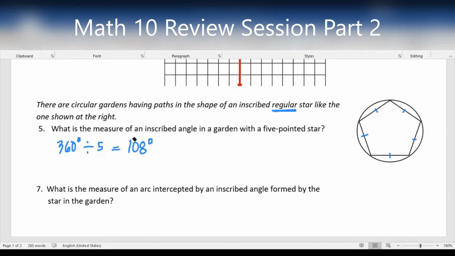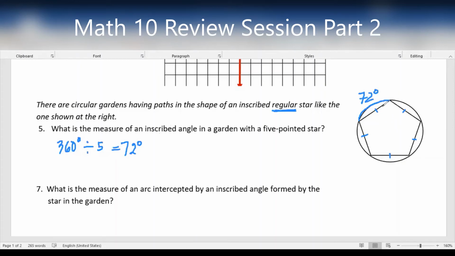See, I'm not using calculator. Sure, 72. Hindi na ako magka-calculator. 72 degrees. And what is this 72? It's the arc. Arc yan. 72 degrees. It's the arc.